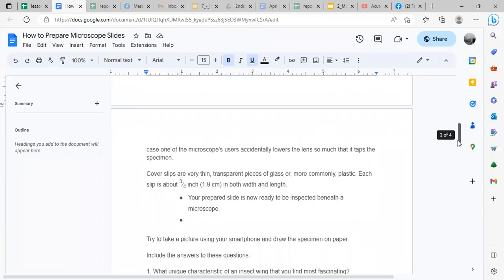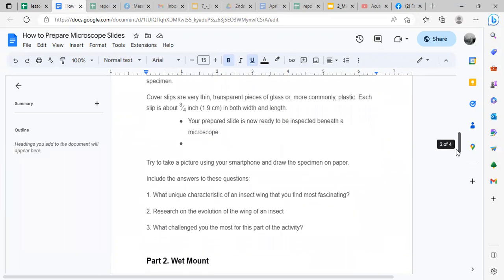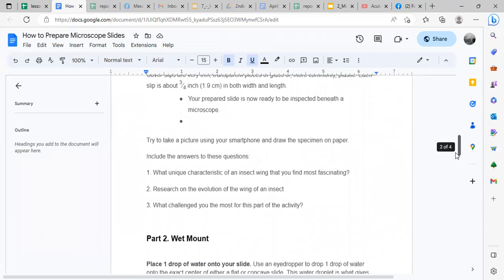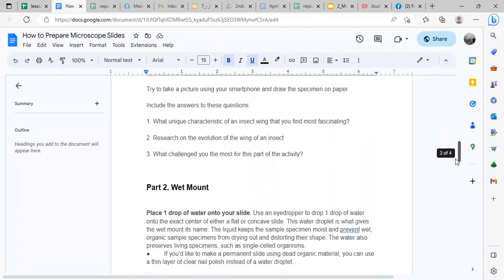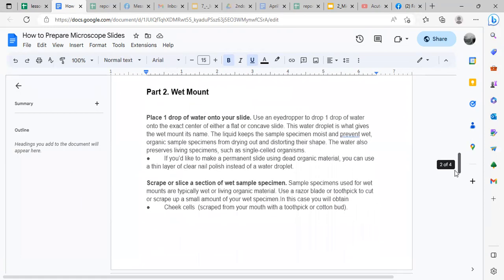You know what a cover slip looks like. And then the wet mount. Okay, so you will read this. You have water droplets, an eyedropper, to drop one drop of water into the exact center of the flat or concave slide. That's why it's called wet mount.